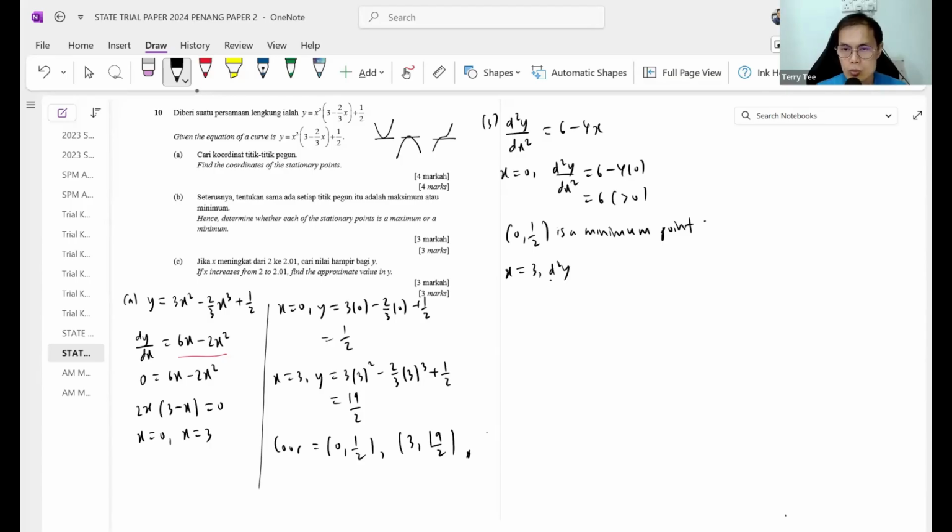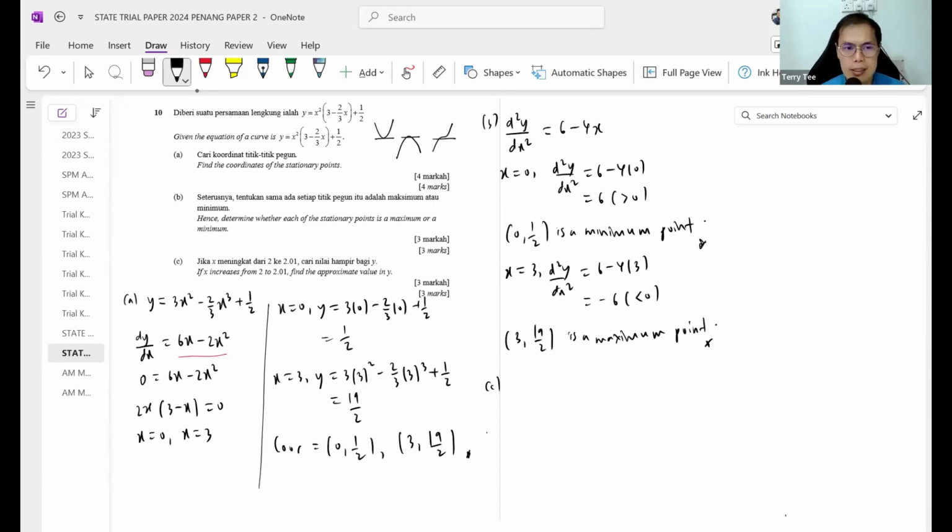Your d2y/dx squared will be 6 minus 4 times 3, 6 minus 12, negative 6, less than 0. So this second coordinate will be a maximum point. Okay, so that's it. We are done with part B. So we know one is minimum, another is maximum.